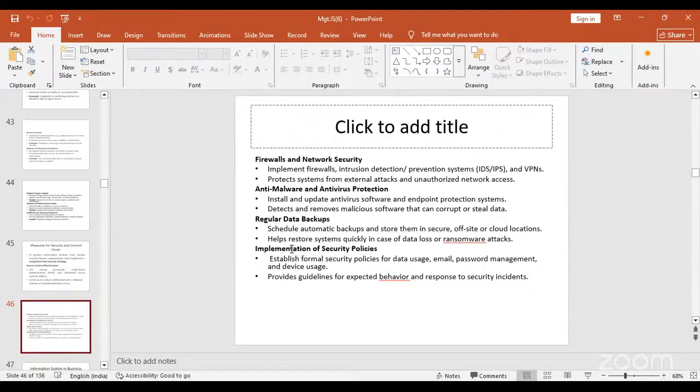Like this, backup policies are there. Data usage: who can use the data, protect your database from the unauthorized users. So implement security policies for safeguard of your information system. It provides guidelines for expected behavior and response to security incidents. That is the use of security policies.